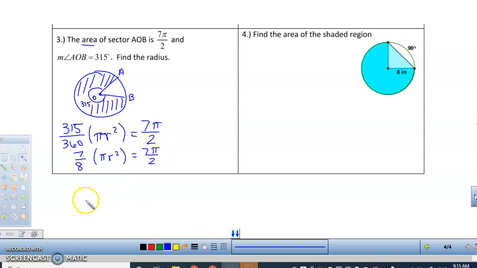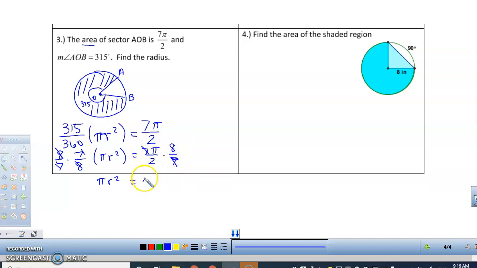All right, so now we got to start getting rid of the 7/8 on this side to get r by itself. Well, you can multiply by the reciprocal. Your algebra teacher probably taught you this, but we're going to multiply both sides by 8 over 7. What that does is cancel all of these. So now I'm left with just pi r squared. And then over here, you can reduce some things. So the 7s are going to cancel, and then 2 divides into 8.